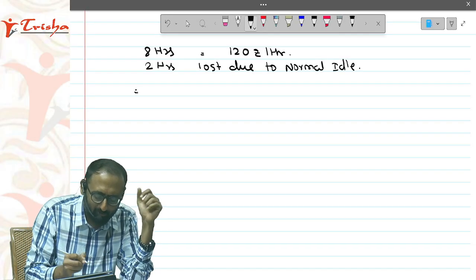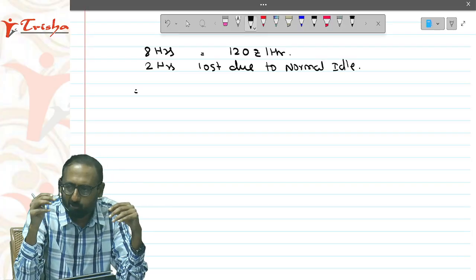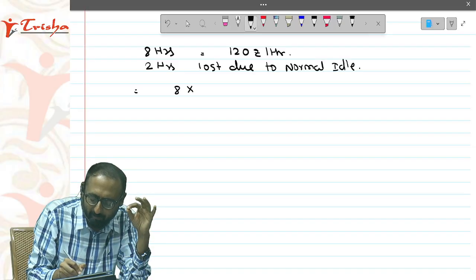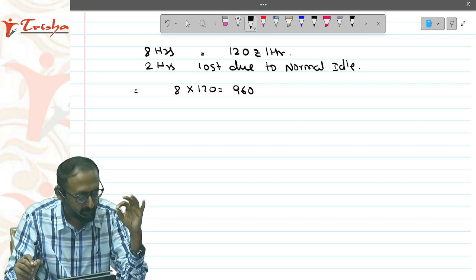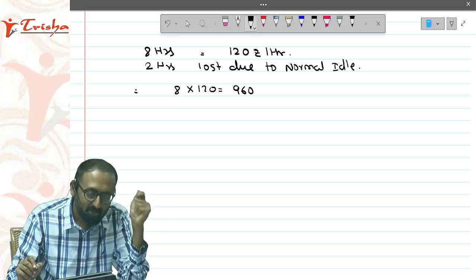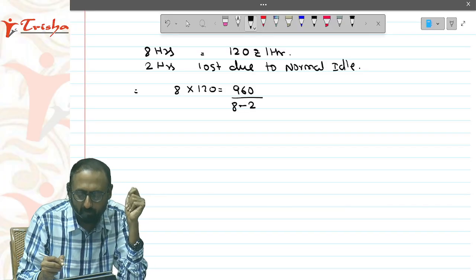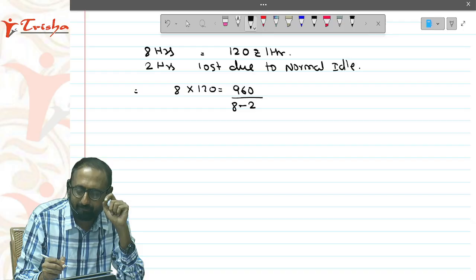Now I have to calculate the inflated rate of that worker. How to calculate it? First calculate total payment: 8 hours multiplied by 120. Is it 9,600 or 960? It is 960. Then 960 divided by 8 minus 2, because normal idle time is deducted from the total hours.